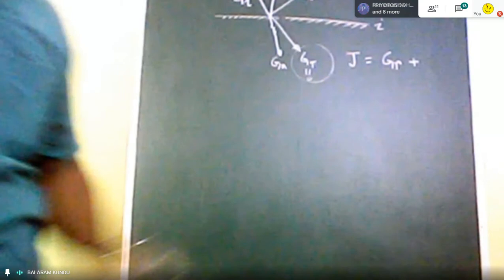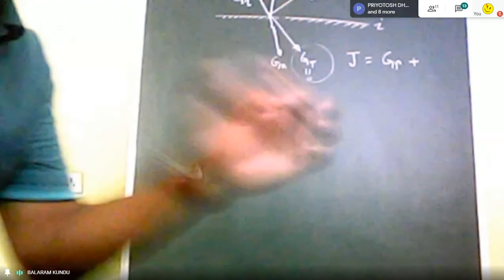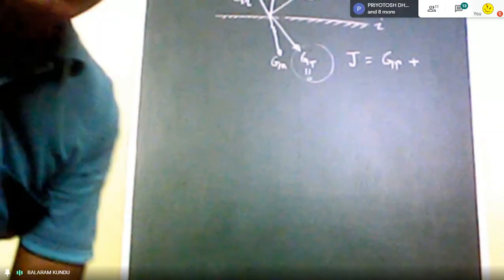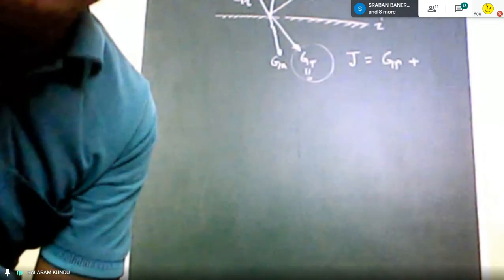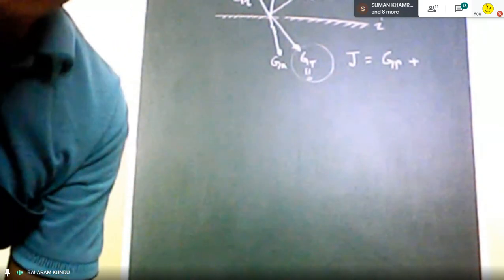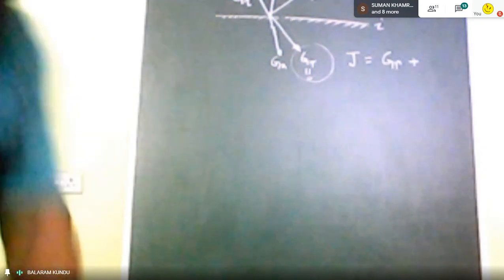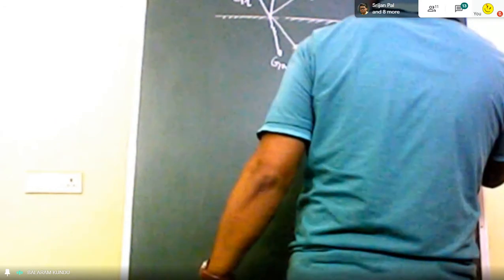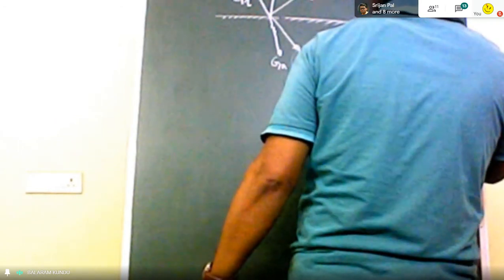flux. Emitted flux means, as I have already mentioned in the terminology, the emissive power of a black body and the emissive power of a real body. So here, plus the emissive power of a real body.